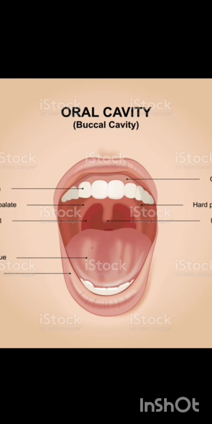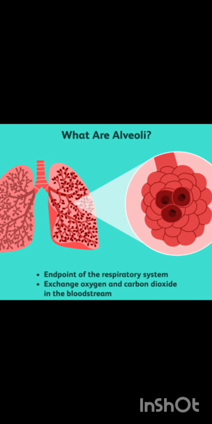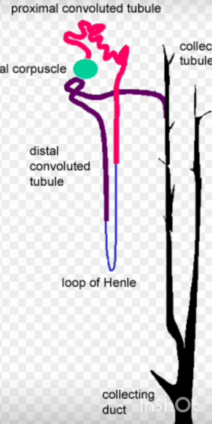This is the oral cavity, buccal cavity. Alveoli of lungs. This is alveoli of lungs. Proximal tubule of kidneys. This is the proximal tubule of kidney. What is the proximal tubule?